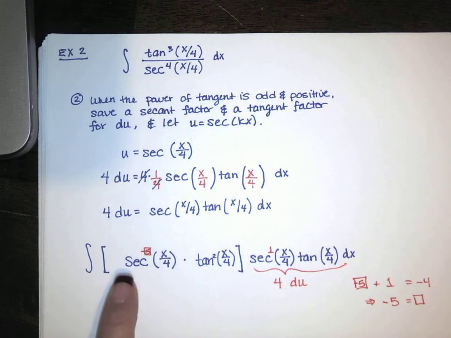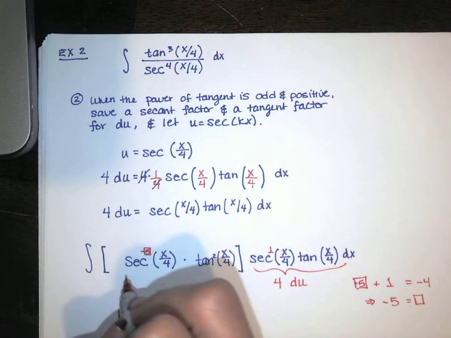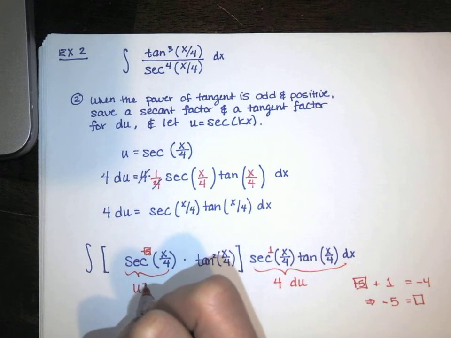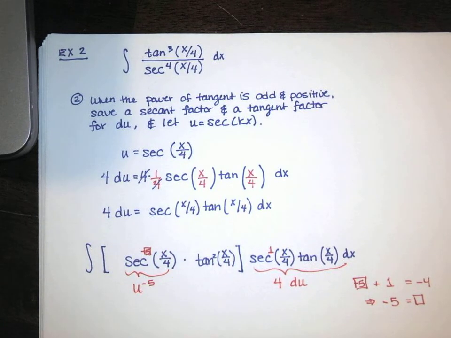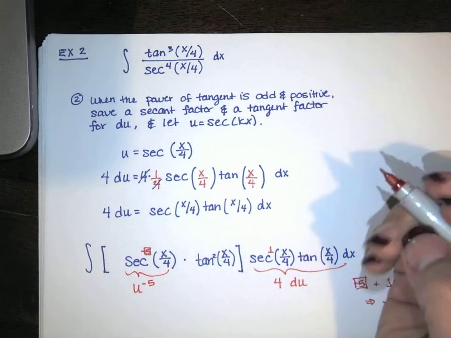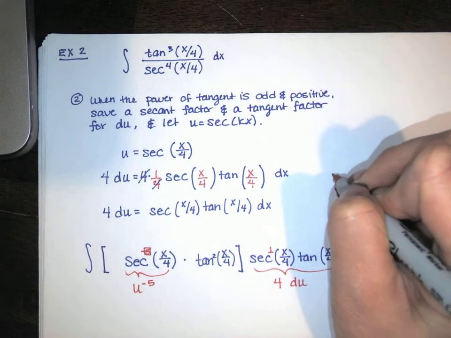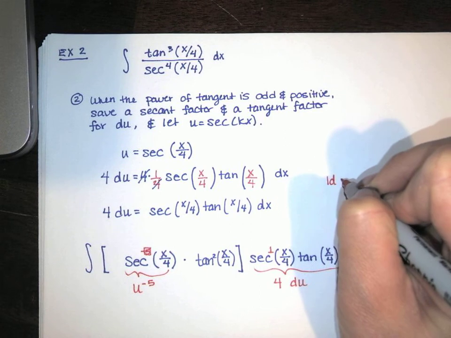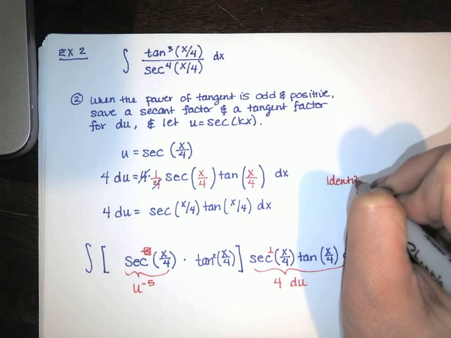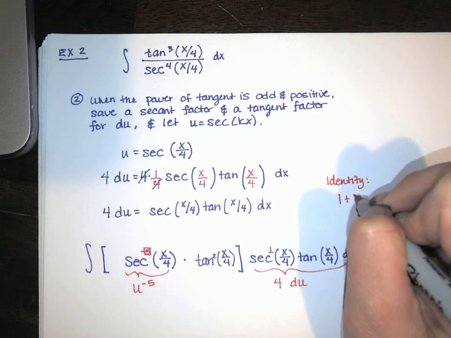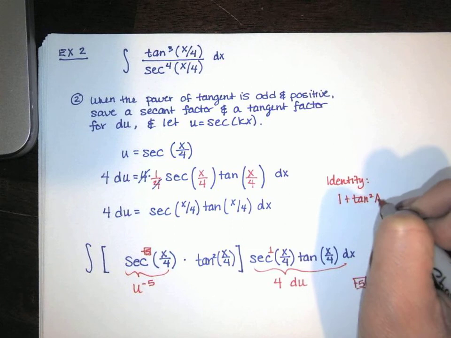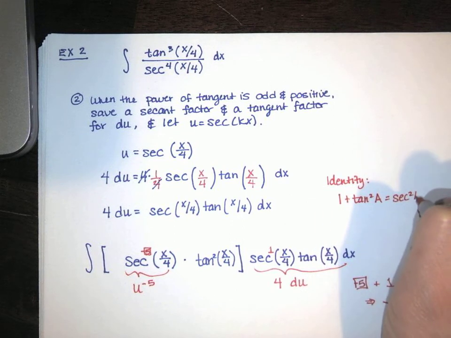Now that is secant to the negative fifth, so no problem, that's a u to the negative fifth. And then I've got a tangent squared. Now tangent squared can be written in terms of u because of that Pythagorean identity that we looked at last time. We've got that identity: 1 plus tangent squared of an angle is secant squared of the same angle.